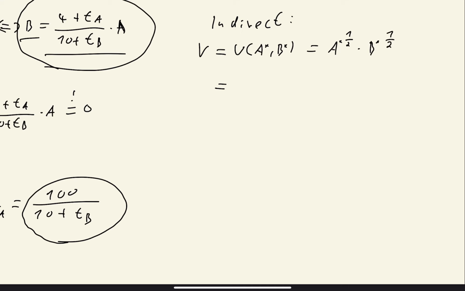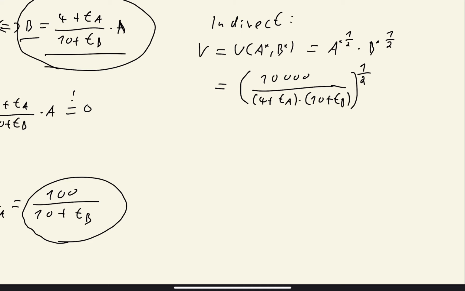And if you plug in and simplify a little bit, you get 10,000 divided by (4 plus tA) times (10 plus tB), and all of this to the power of 1/2. And the indirect utility function is giving us the maximum utility that we can achieve given taxes tA and tB.